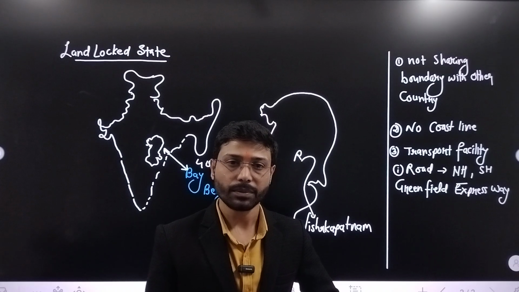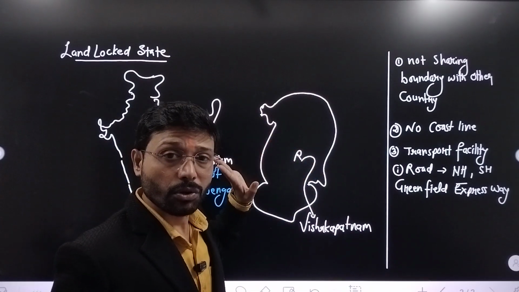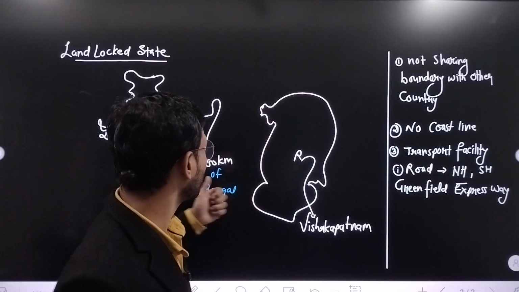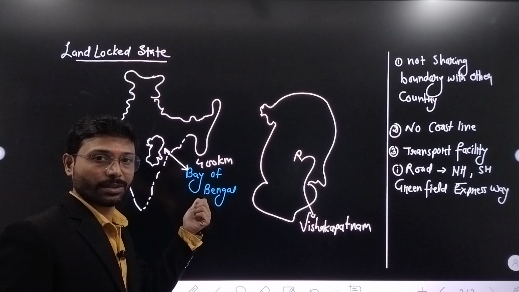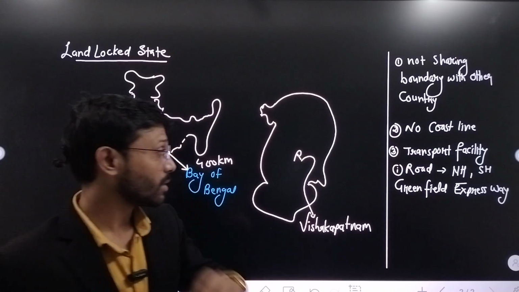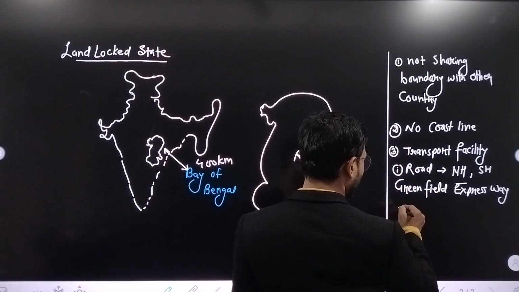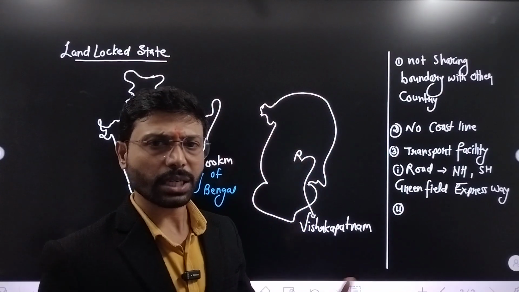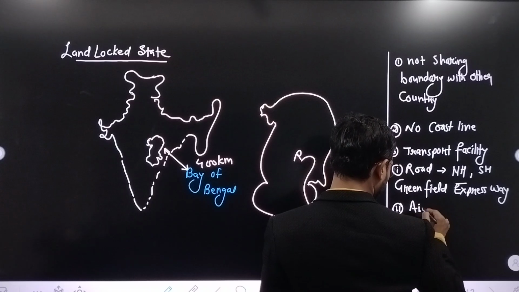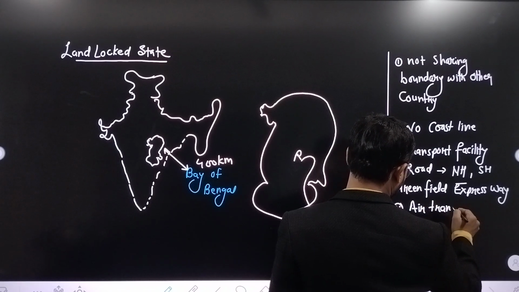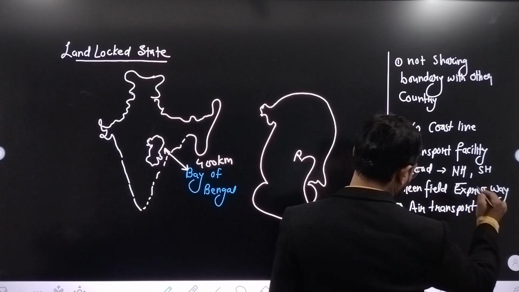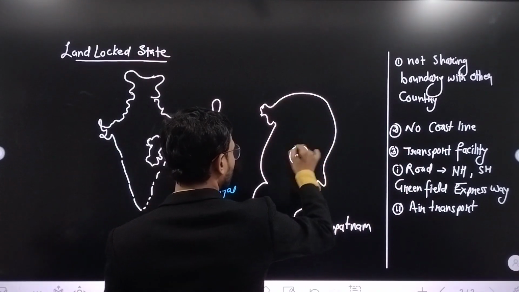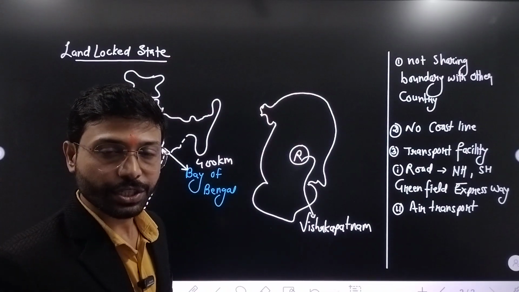Via Orissa you may call it also. So this is the best example, being landlocked, because we don't have a coastline. So the second thing, what kind of transport facility do we have being landlocked? Second one is air transport. For example, in Raipur itself, you have an air transport facility.